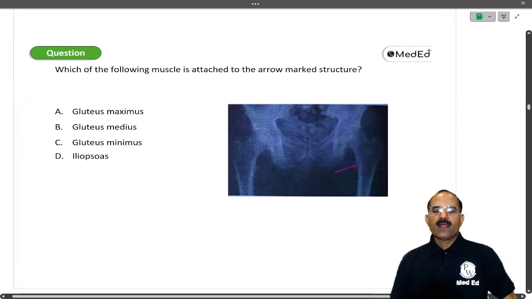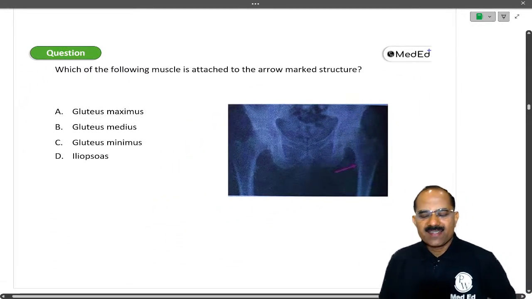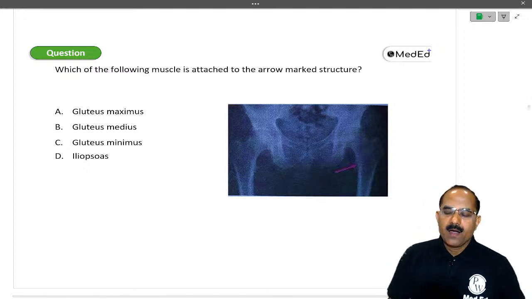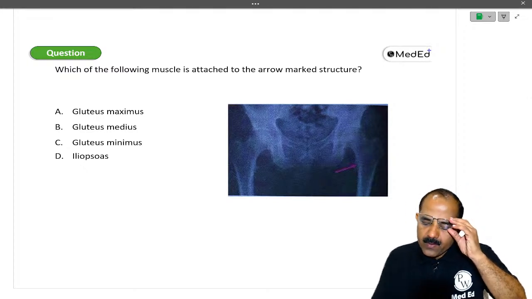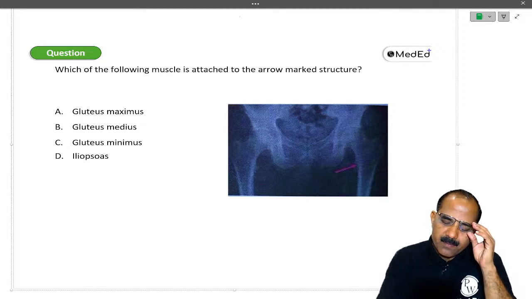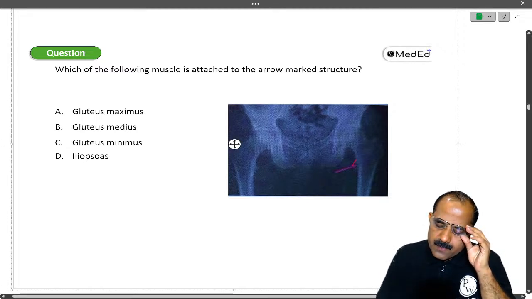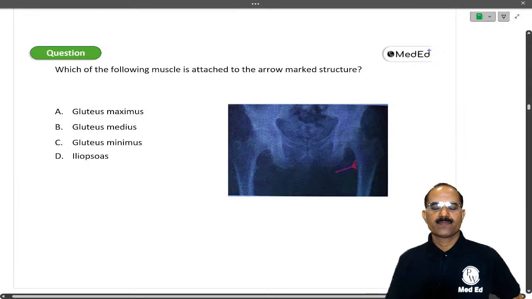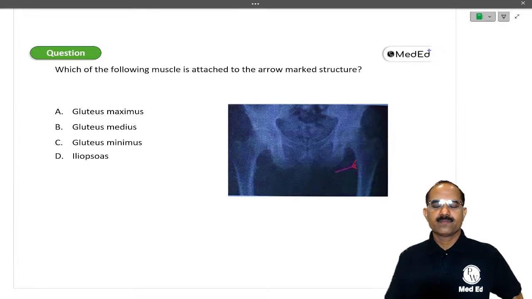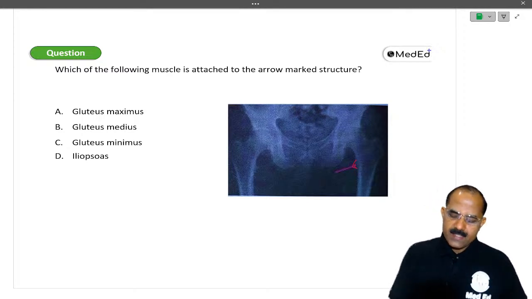Now, which of the following muscles is attached to the arrow mark structure? Do you see the arrow mark structure? What is this marked structure? Can anyone say? The marked structure is the lesser trochanter.